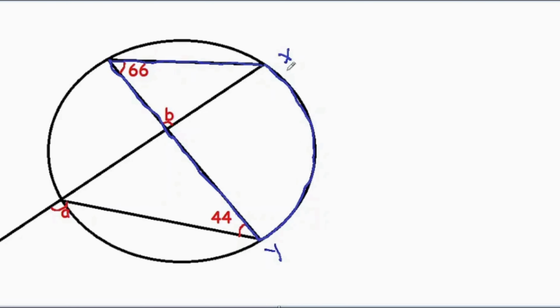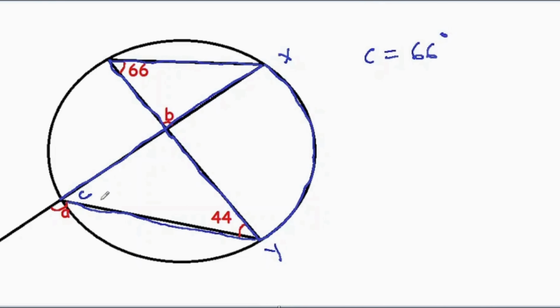The same arc XY is subtending this angle. Let's label this angle as C. The same arc XY that subtends angle 66 is subtending angle C because they are in the same segment. So C is equal to 66 degrees.